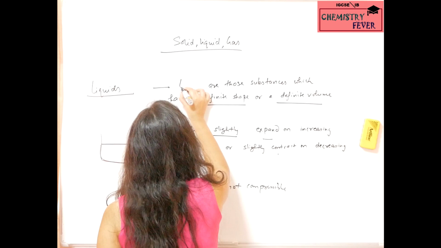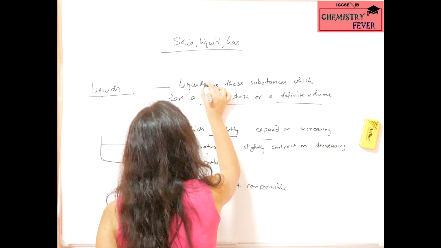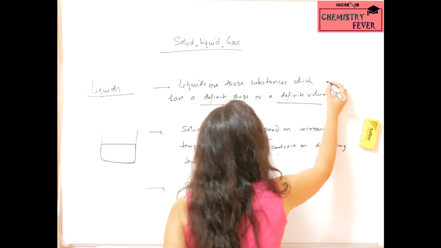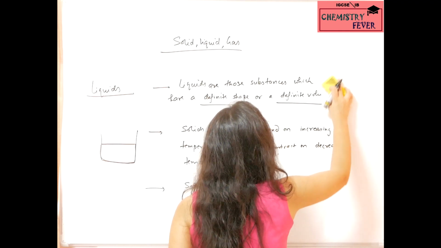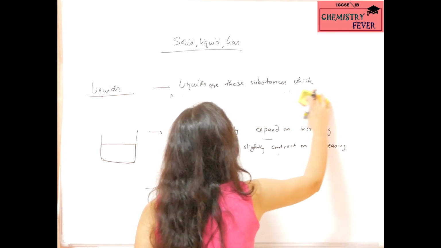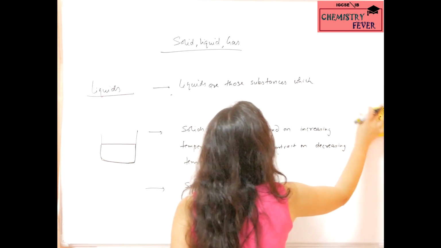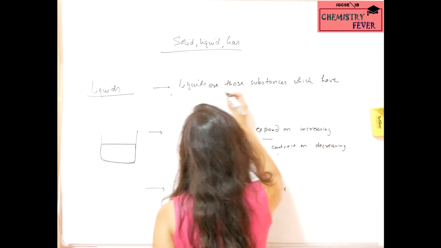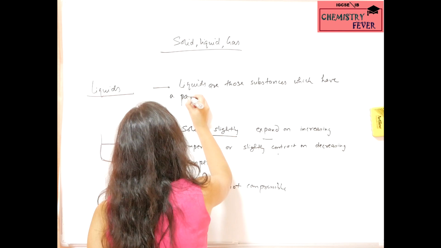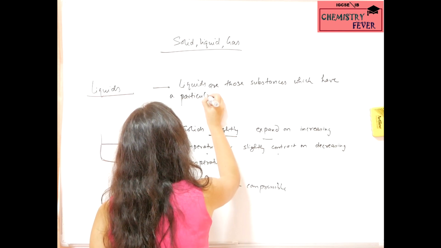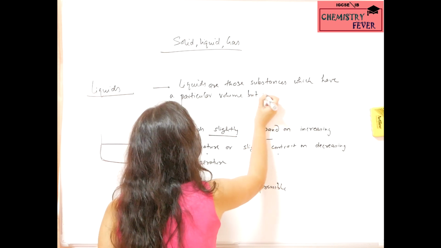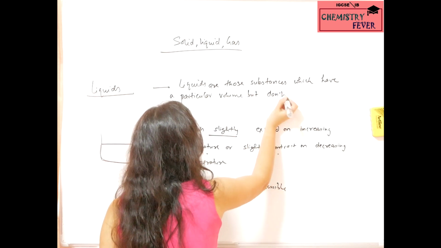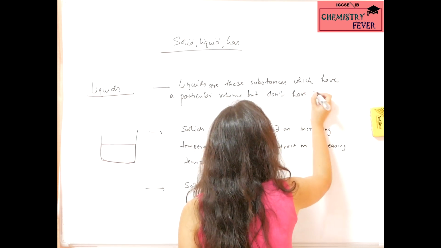So liquids are those substances which have a particular volume but do not have a particular shape.